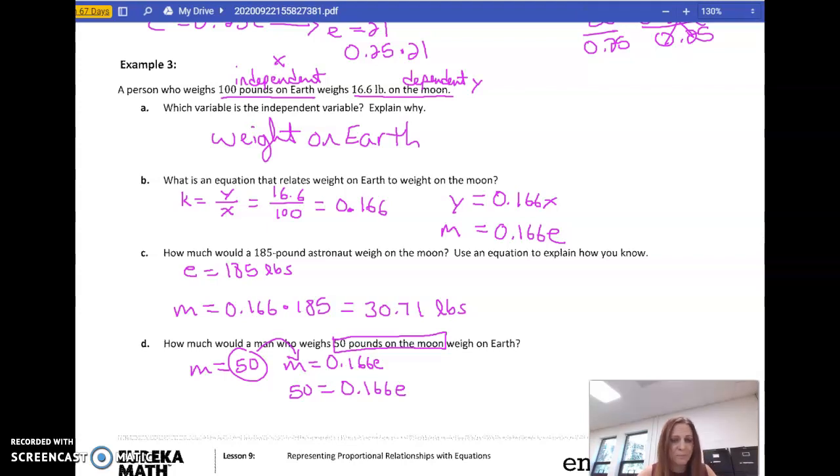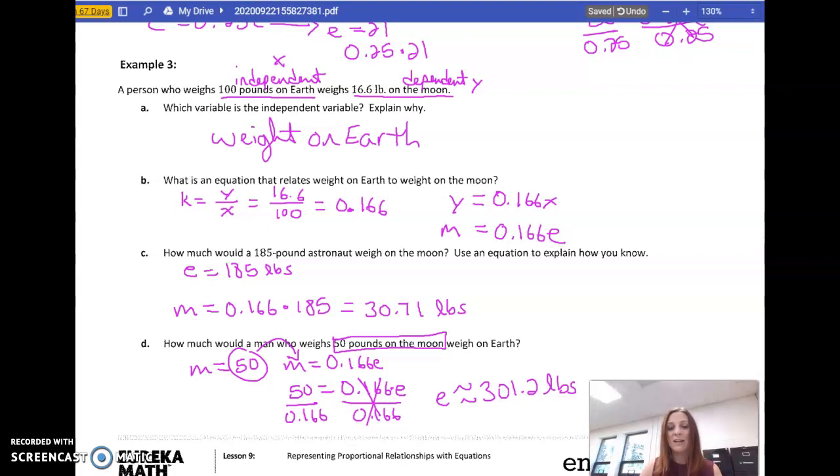And as always, we're solving for e, so we have to get rid of its coefficient, 0.166, and we have to divide both sides by 0.166. That cancels out to give us 1, and if you plug 50 divided by 0.166 in a calculator, you have to approximate, but it's approximately equal to 301.2 pounds on Earth.